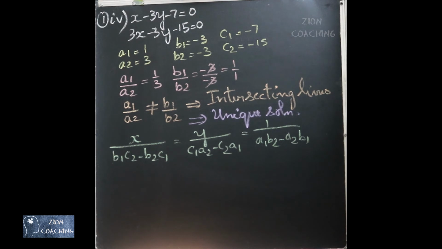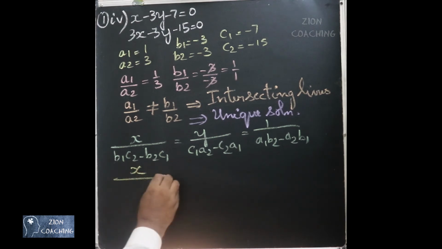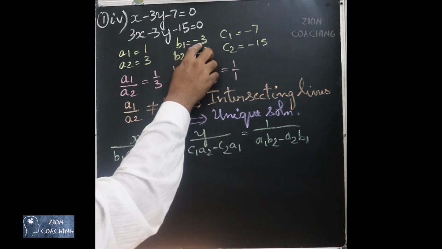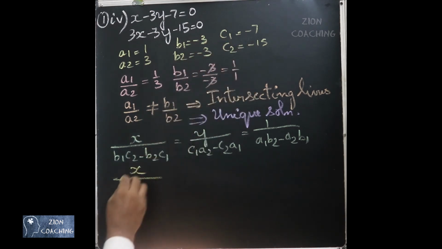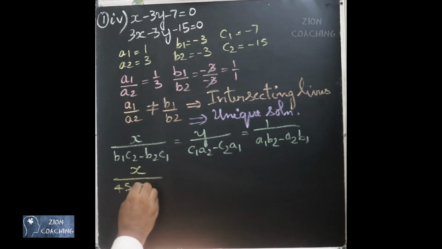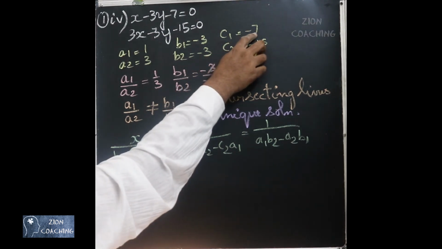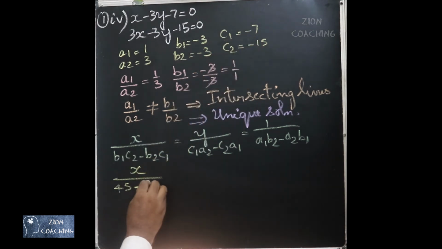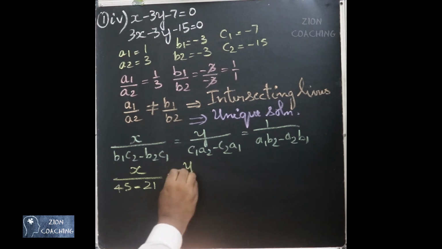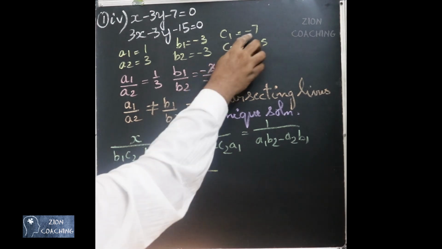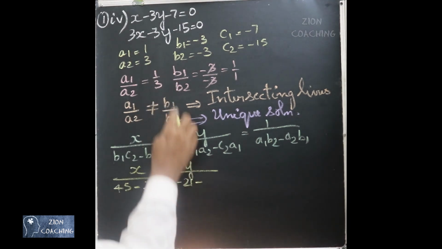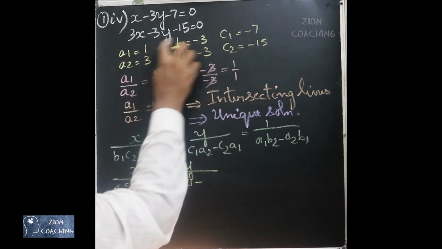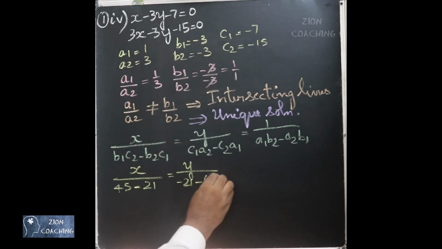Substituting the values, we will get x by b1 into c2, so minus 3 into minus 15 is going to be 45, minus b2 into c1, minus 3 into minus 7 is 21, equal to y by c1 into a2, minus 7 into 3 is going to be minus 21, minus c2 into a1, that is minus 15 into 1, which is minus 15.